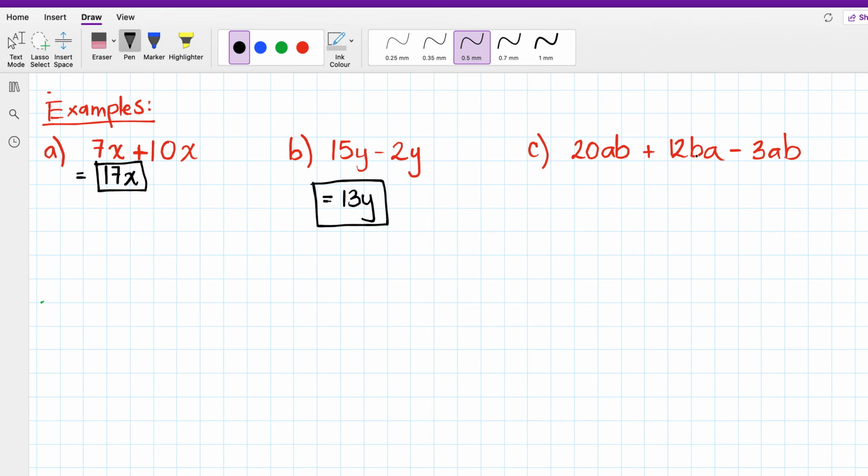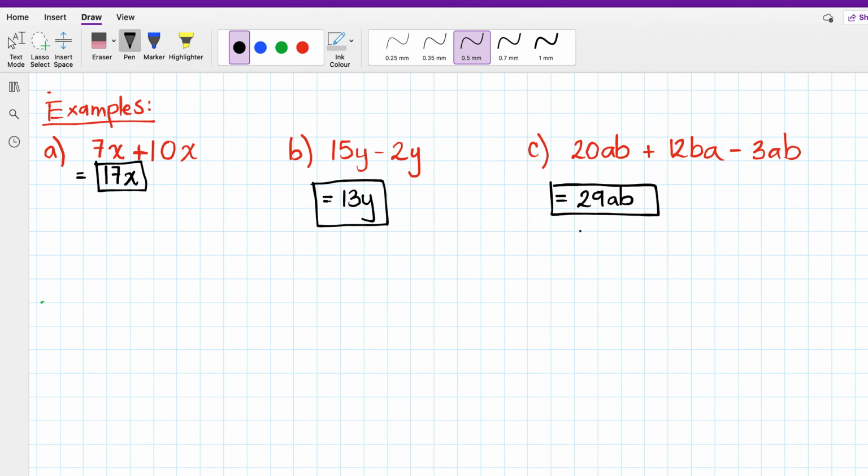This one is AB, this one is BA, and this one is AB. Yes, they're all like terms, agree? So I can add them or subtract them. So 20 AB plus 12 is going to be 32 AB. Take away 3AB is going to be 29 AB, and that will be my answer.